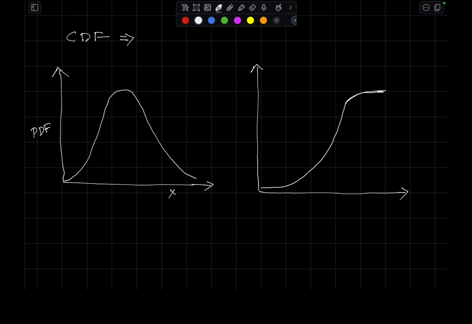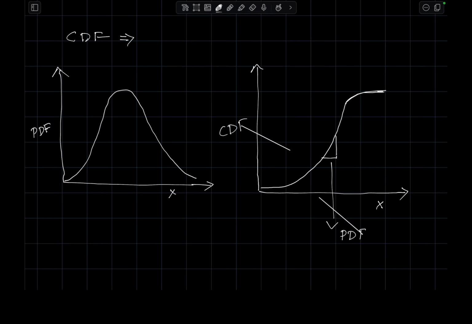And for the continuous random variable, the slope at each point will be giving the PDF value. So that is the importance of the cumulative density function.